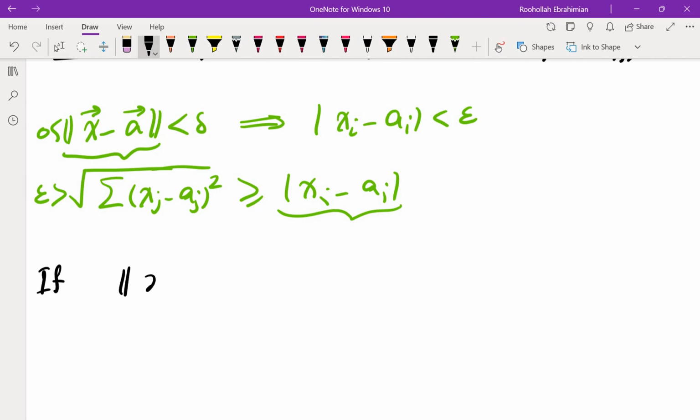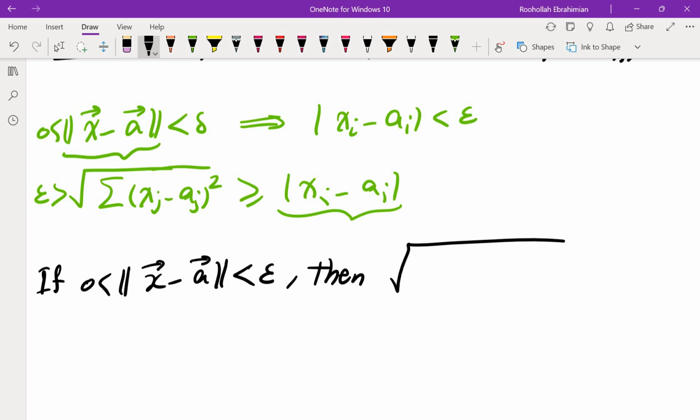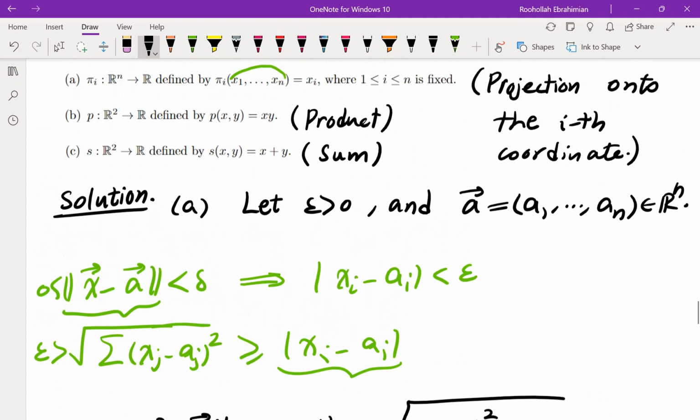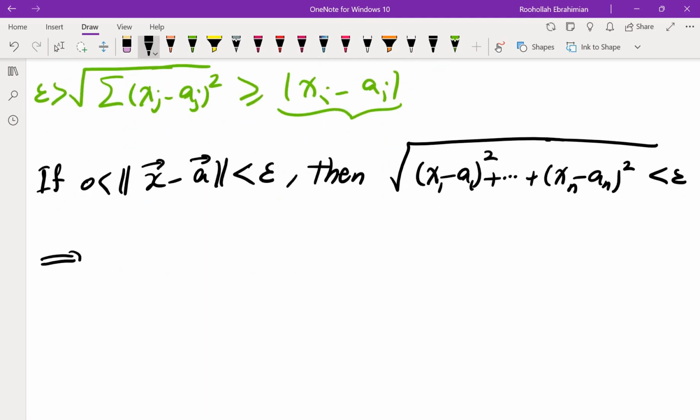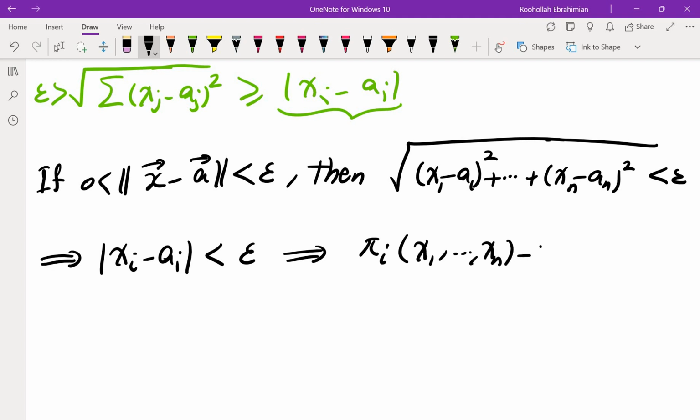If the norm of x minus a is less than epsilon, with epsilon more than 0, then the square root of x1 minus a1 squared all the way to xn minus an squared is going to be less than epsilon, which means xi minus ai in absolute value is less than epsilon, which means pi i of x1 through xn minus pi i of a1 through an is less than epsilon in absolute value.